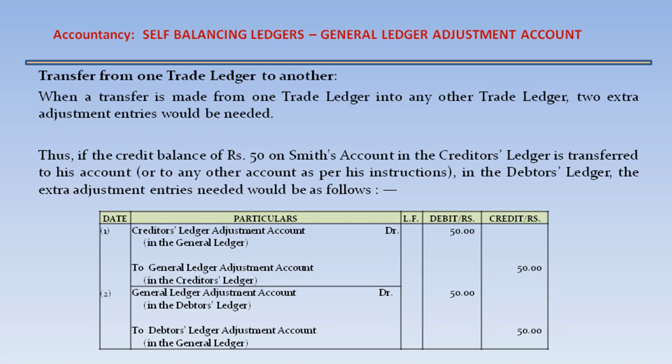Creditors Ledger Adjustment Account debit ₹50 in the General Ledger, to General Ledger Adjustment Account in the Creditors Ledger ₹50. General Ledger Adjustment Account debit ₹50 in the Debtors Ledger, to Debtors Ledger Adjustment Account in the General Ledger ₹50 on the credit side.